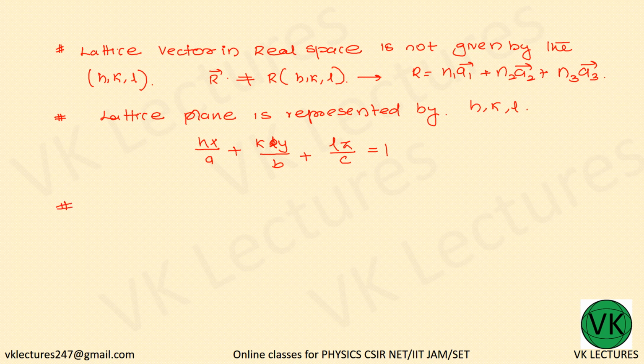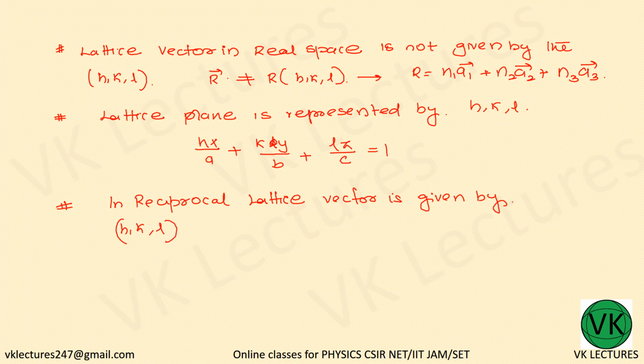And coming to the reciprocal lattice, the vector is given by HKL, that is G is equal to G of H, K and L. Now we know how G is represented: G is equal to H times B1 plus K times B2 plus L times B3, where B1, B2 and B3 are lattice vectors.